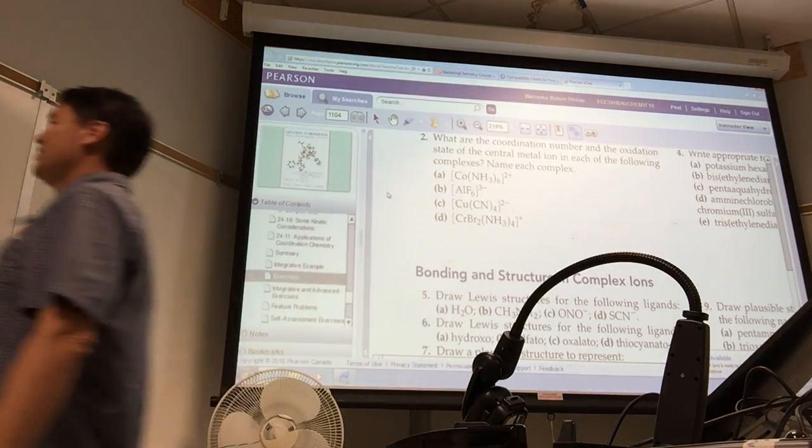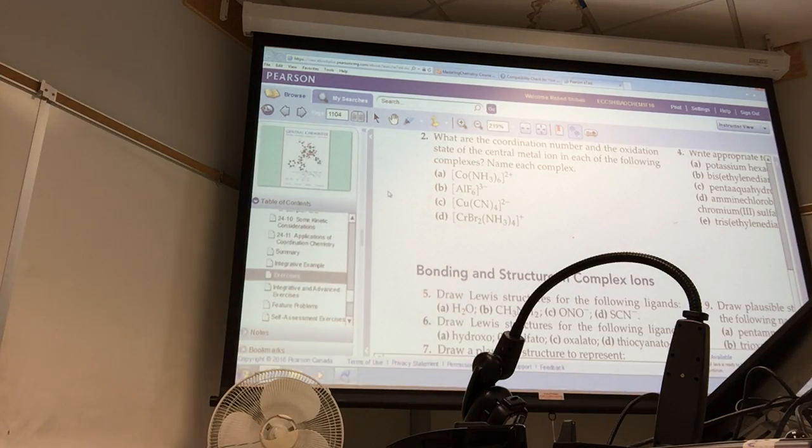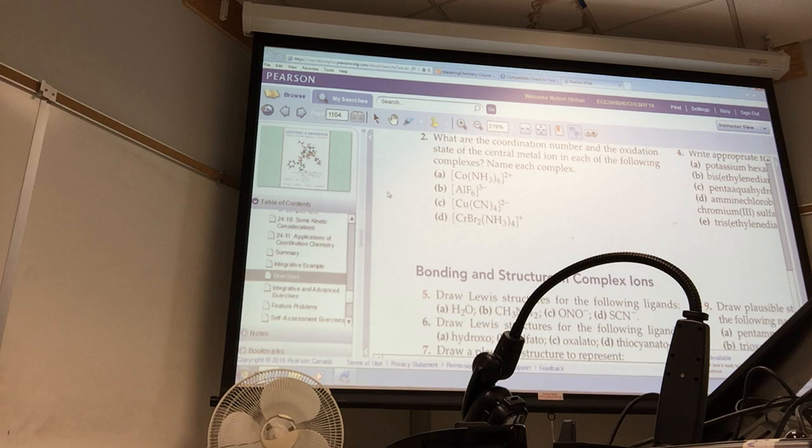And so what would the name of that be here? Tetraamine. Tetraamine, almost spelled it with one M. If I spelled amine with one M, what am I talking about?